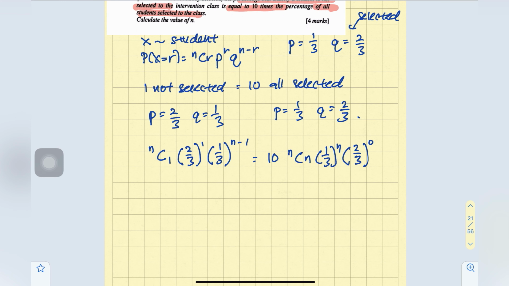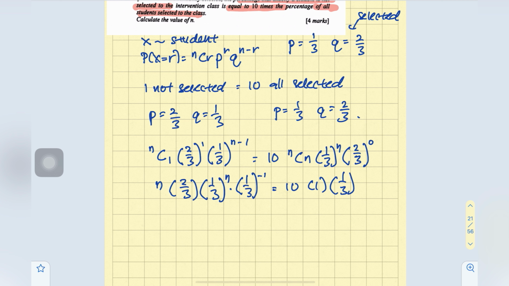Okay, then we simplify this. nC1 is n, times 2 over 3. This one we split: 1 over 3 to the power of n times 1 over 3 to the power of negative 1 equals 10 times nCn, which is 1, times 1 over 3 to the power of n, times 2 over 3 to the power of 0, which is 1.